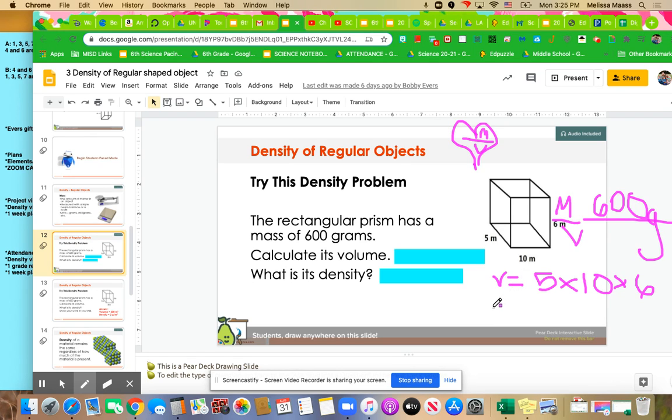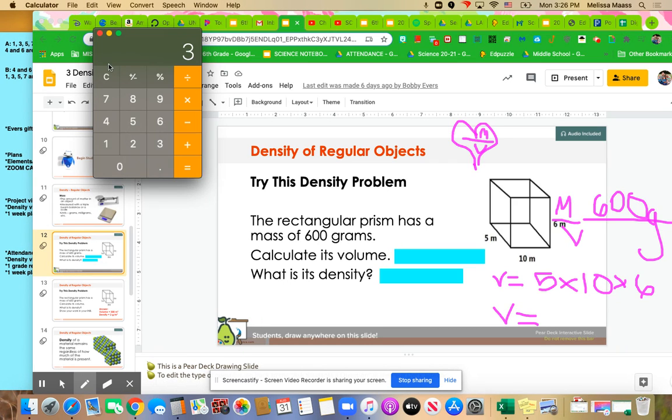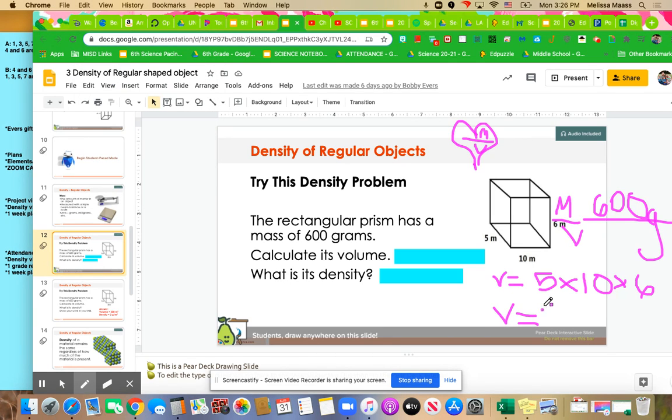Okay, so now volume equals, let's get our calculator, because some of you can do that in your head. A lot of you will probably need the calculator, so we'll do 5 times 10, and that equals this, times 6, and that's going to be 300.